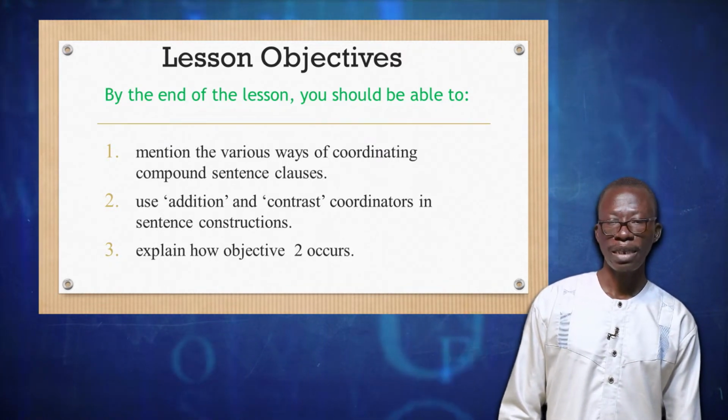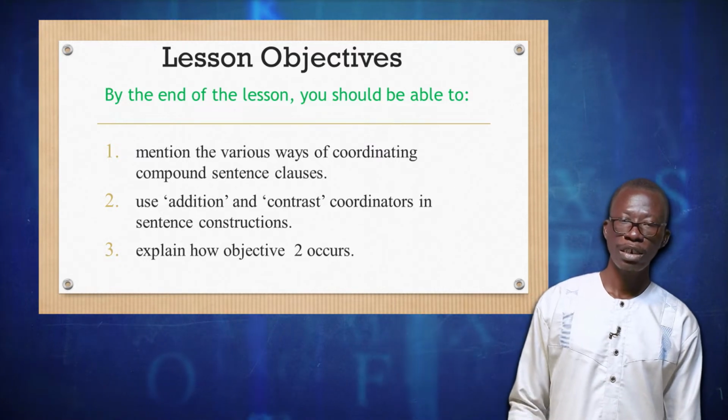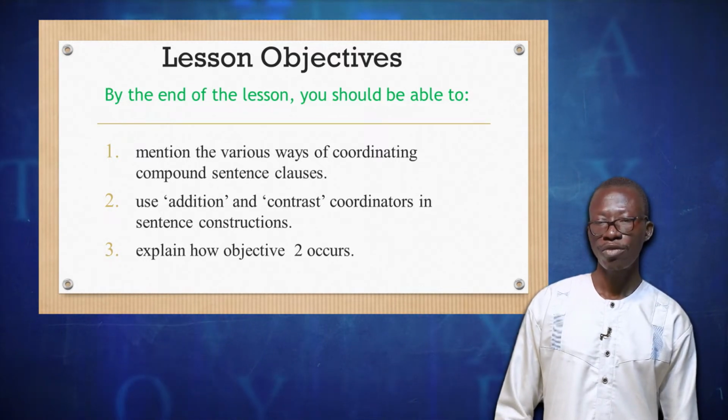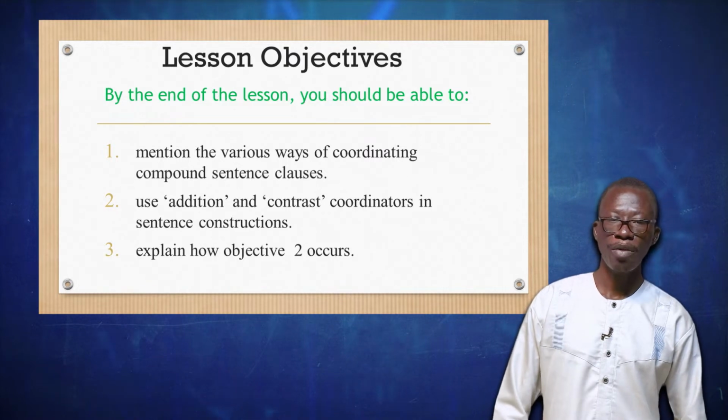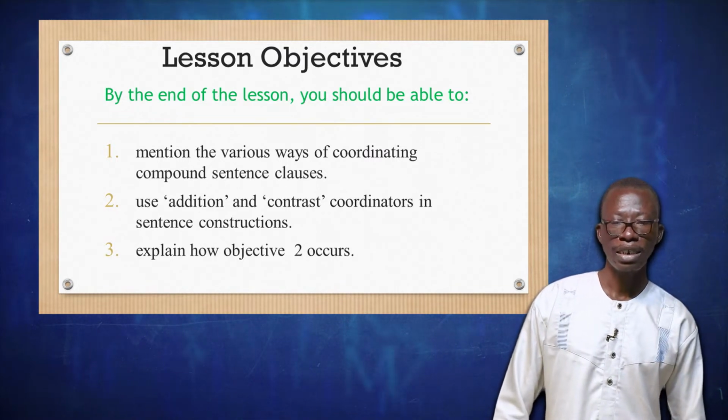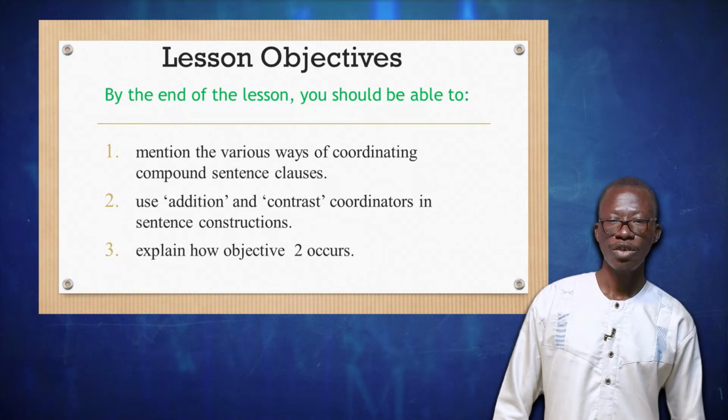It is also our aim that we'll concentrate on two of these ways of coordinating the clauses within compound sentences, and that is the use of addition and the use of contrast.